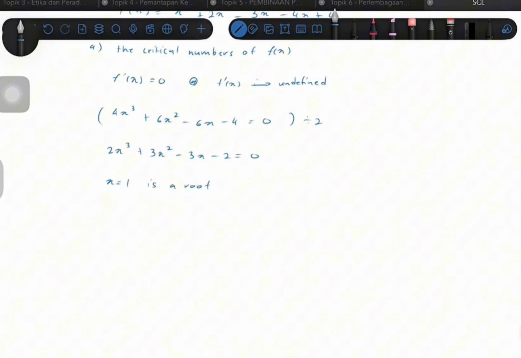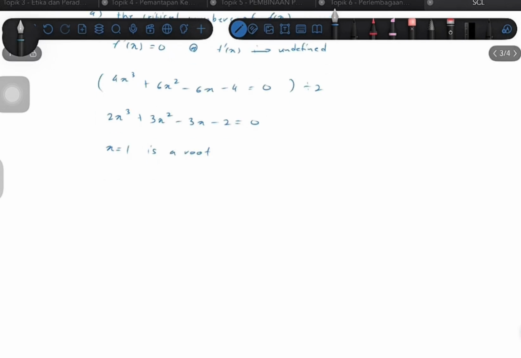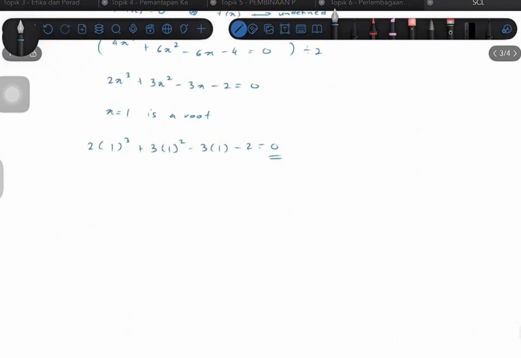To prove x equals 1 is a root, we insert x equals 1 into the equation: 2(1)^3 plus 3(1)^2 minus 3(1) minus 2 equals 0. We get the answer 0, so x equals 1 is proven to be a root of the equation.